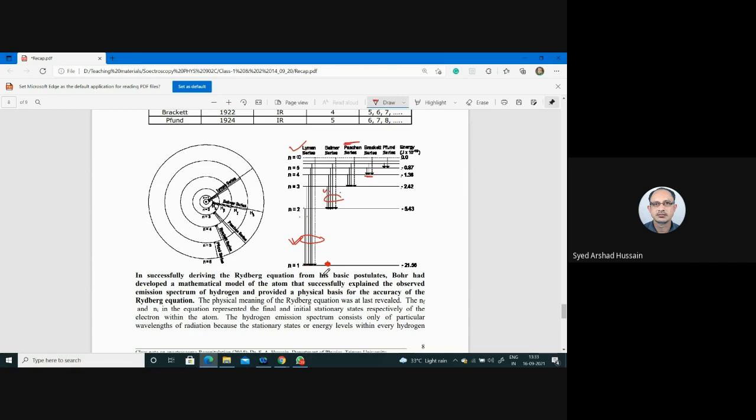Another issue: according to Bohr's theory, in a particular orbit, we know that 2n square electrons can stay. So here 2 electrons, here 8. According to Bohr's theory, all these electrons will have the same energy. That means degenerate.